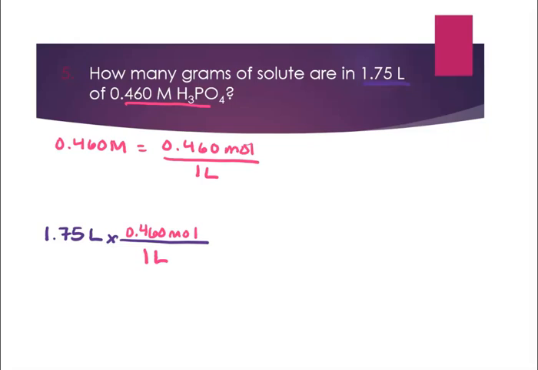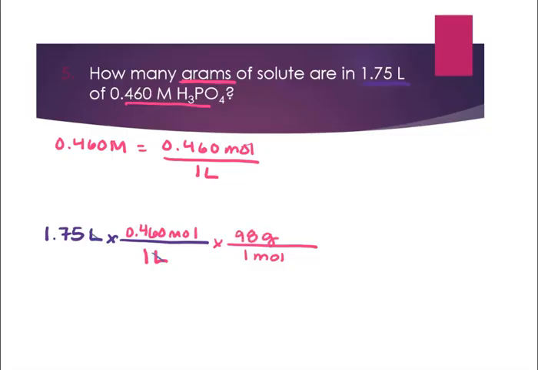So I'm in moles now, but if I check my problem is asking me to find grams, and I'm in moles. So while I'm not done yet, I can very easily figure out my answer because I know how to convert from moles to grams. I'm going to use molar mass. So now since I'm starting with moles, I'll do 1 mole on the bottom, and then I need the molar mass of H3PO4, which is going to be 98 grams.